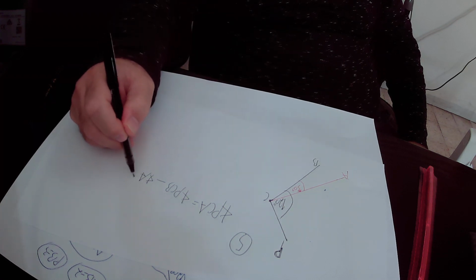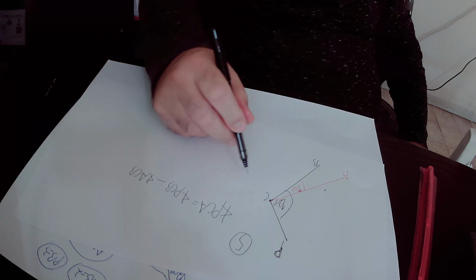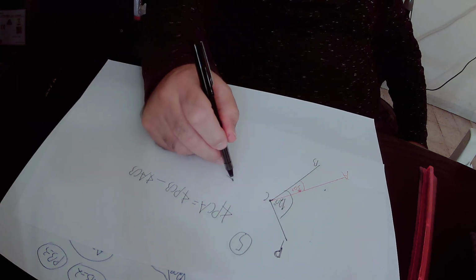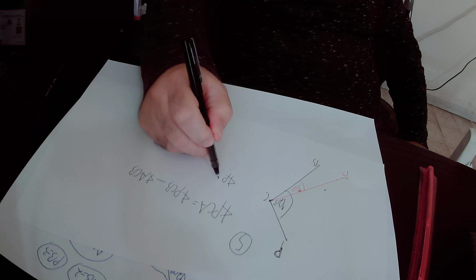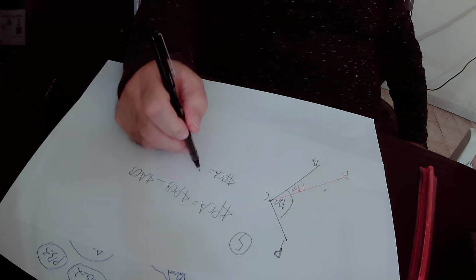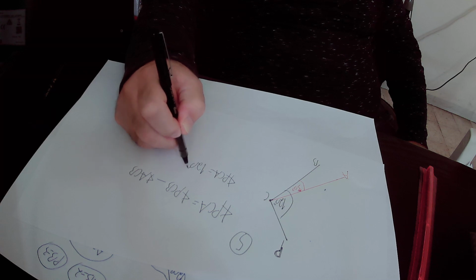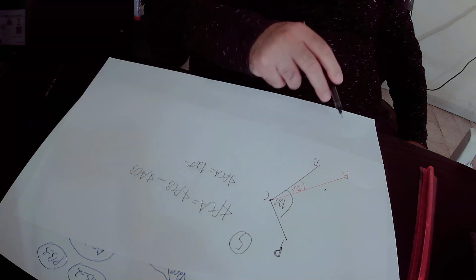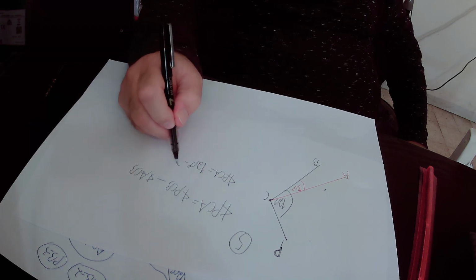Okay? So the missing angle PCA will be equal to the big angle PCB that is equal to 120 degrees minus the small angle ACB that is equal to 30 degrees.